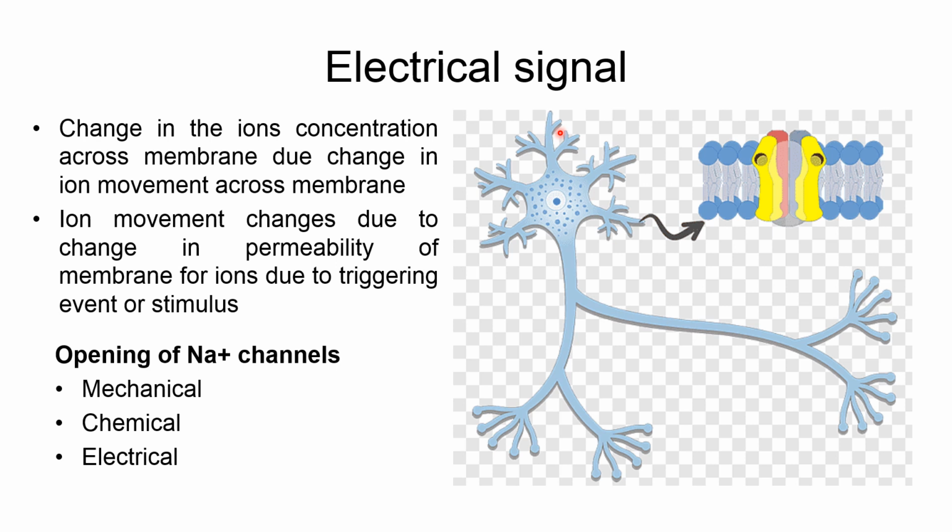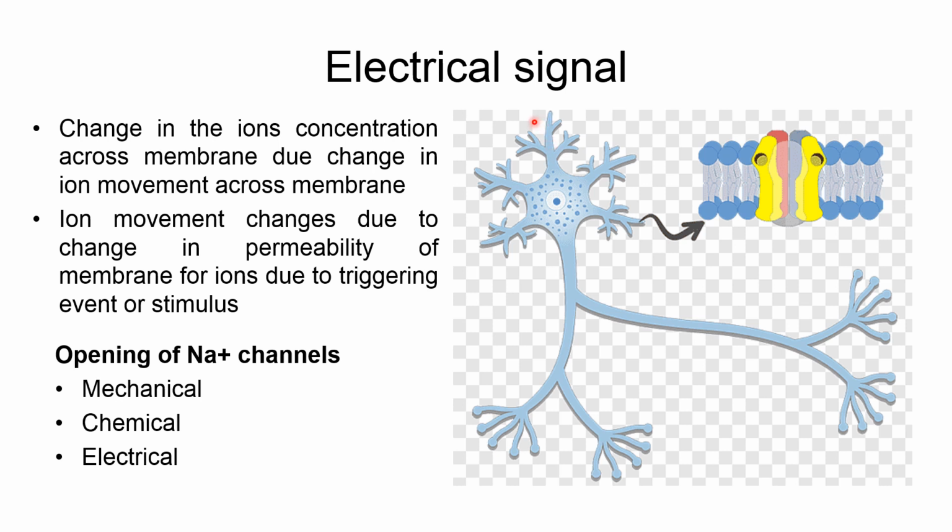These dendrites have chemical gated sodium channels. Sodium is concentrated more outside. When these chemicals bind with the chemical gated channel, it gets open and sodium will rush into the cell because its concentration gradient is toward the inside.